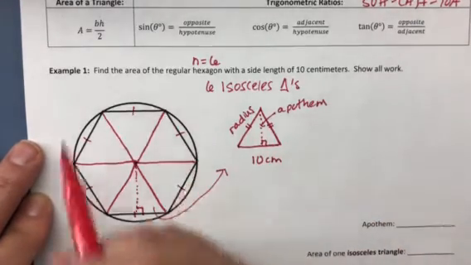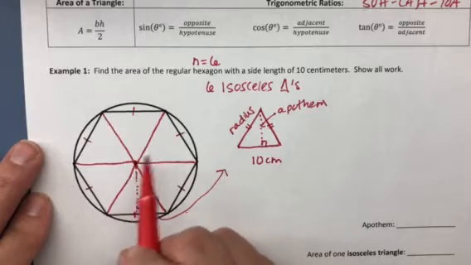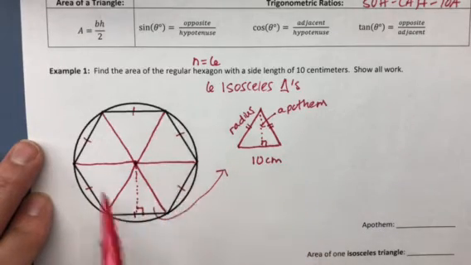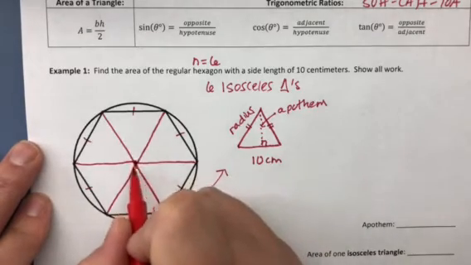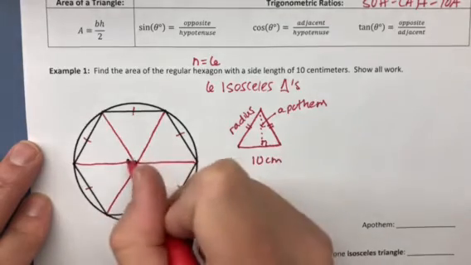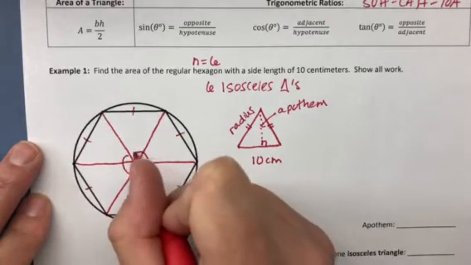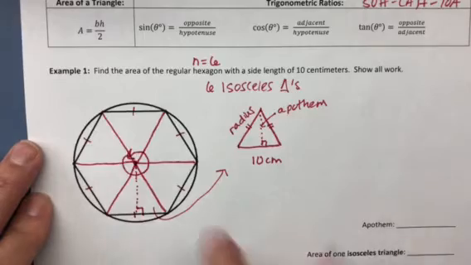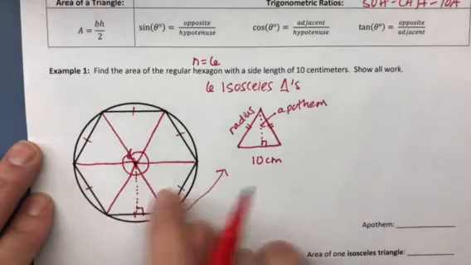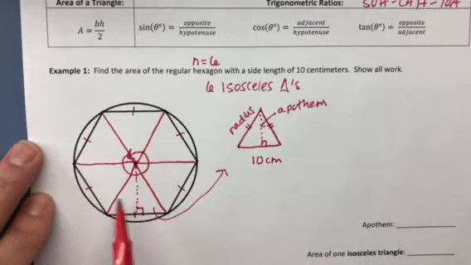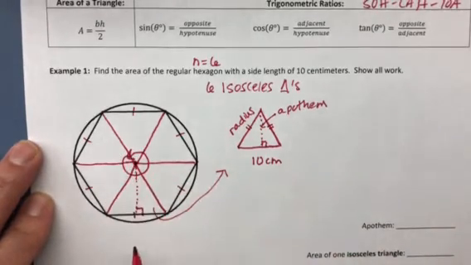So the reason in this first example I kept this circumscribed by this circle is that going around the center, there's 360 degrees because this is a circle. So what we want to do is divide that by the number of triangles we made.